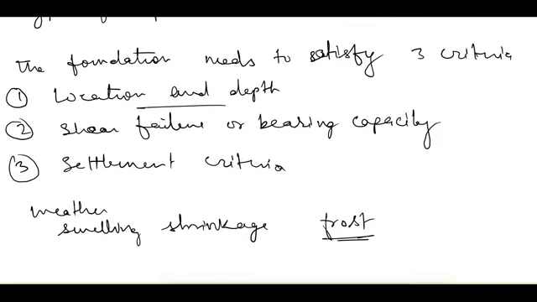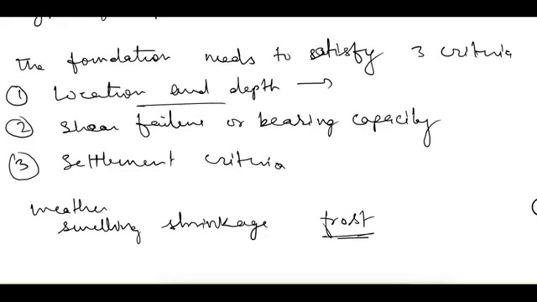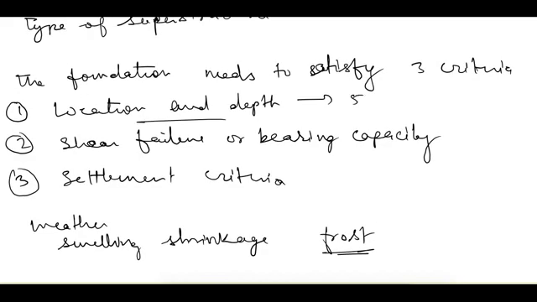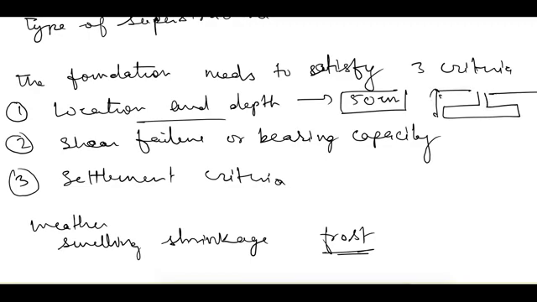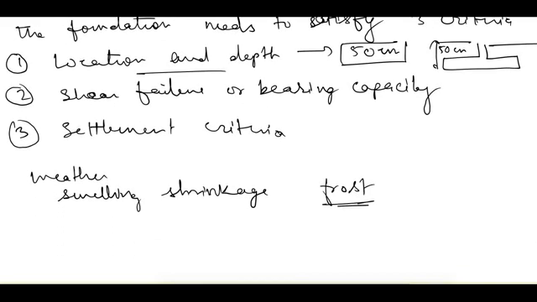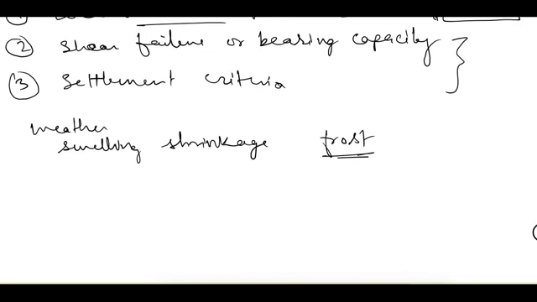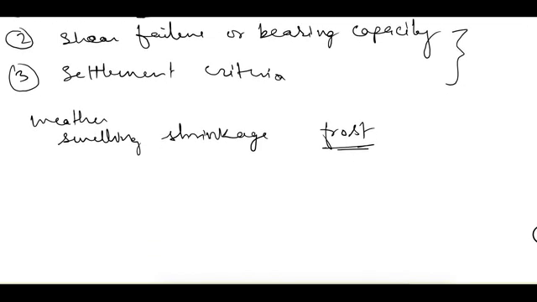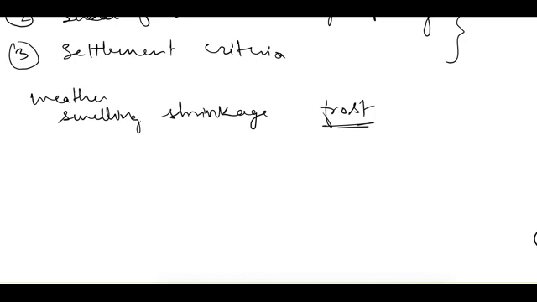So the minimum depth to which the foundation should be constructed is 50 centimeter. So this is the minimum depth. If this is the foundation, from here this depth should be at least 50 centimeter. So we are mostly interested in the remaining two parts, that is shear failure criteria and the settlement criteria. So we will see them.